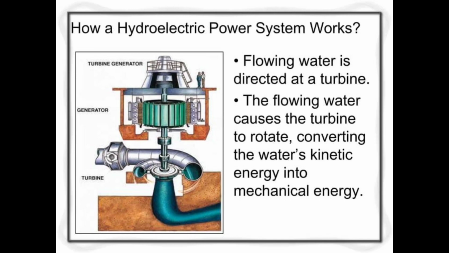How does a hydroelectric power system work? The flowing water is directed at a turbine. This rotates the turbine, converting the water's kinetic energy into mechanical energy.